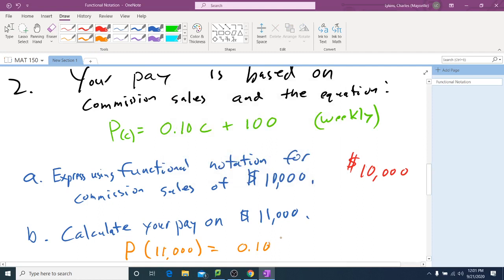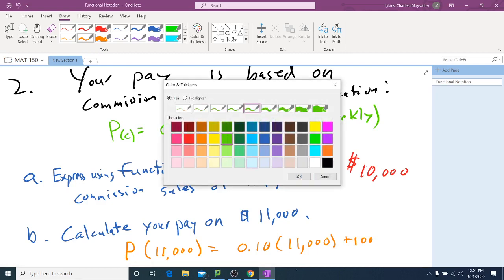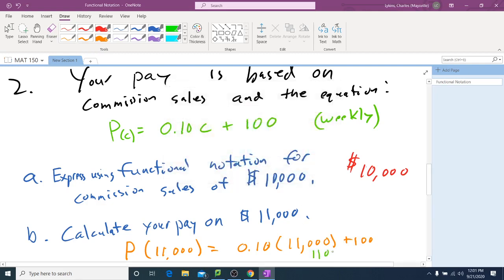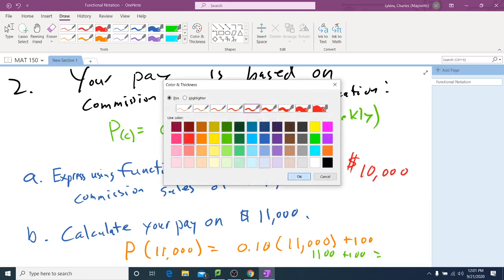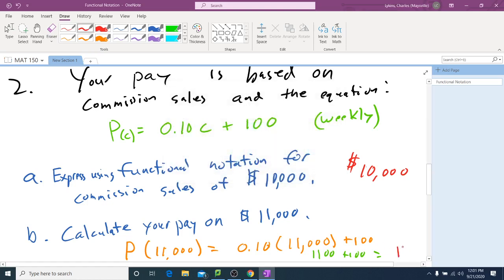So what is 10% of 11,000 plus 100? 10% of 11,000 is 1,100. And I still add the 100. So that gives me a total of $1,200. So all I'm doing is taking that 11,000, multiplying it by 10% or 0.10, and then adding to my $100.